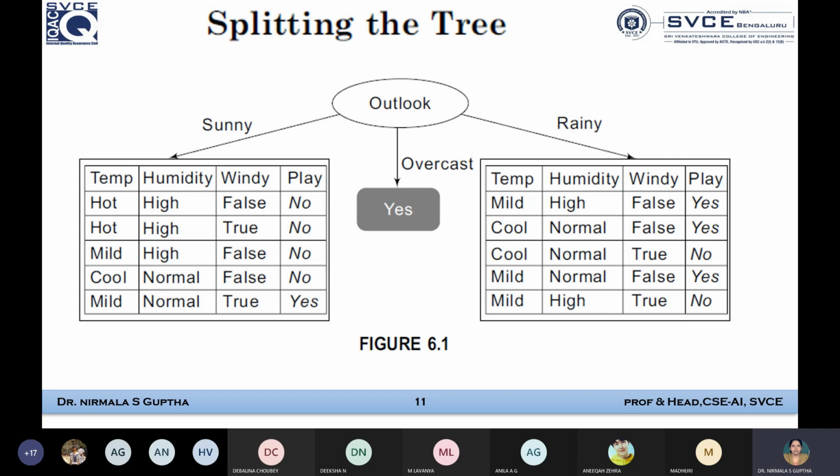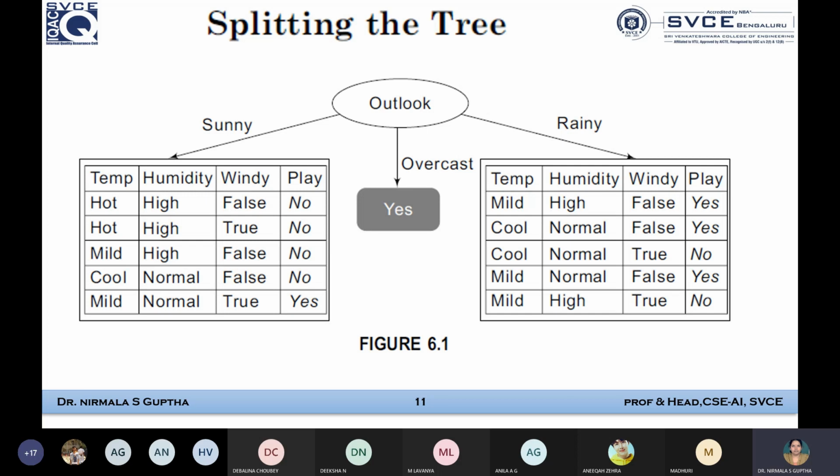It should be applied to each of these branches called sunny and rainy. Now let us consider the sunny branch, which is on the left hand side of the root node outlook. All the error values are calculated for three variables for sunny alone.